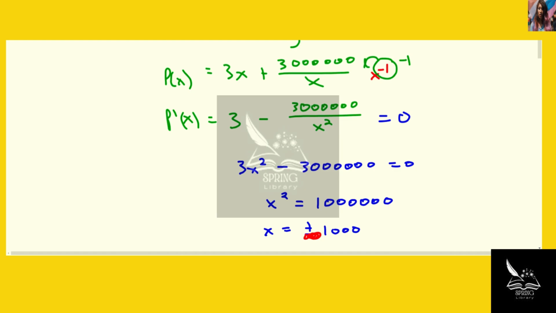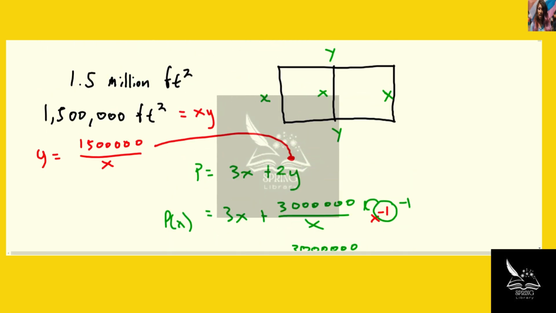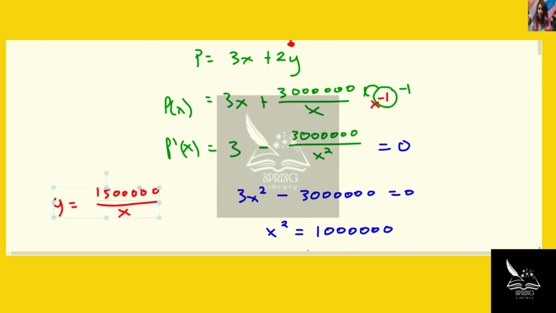Okay. And at this point, we can go ahead and plug this in to one of our equations so we can figure out what the other side length is going to be. Over here, we can just plug that into our constraint equation.